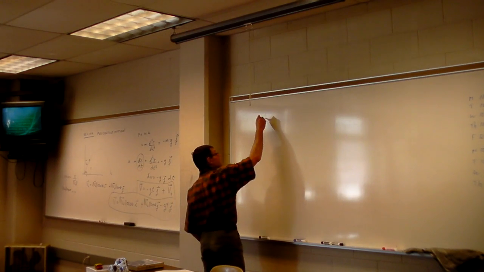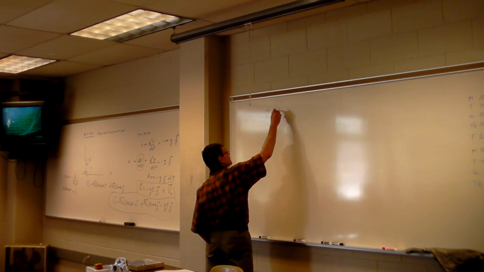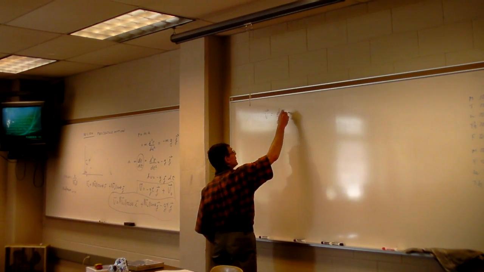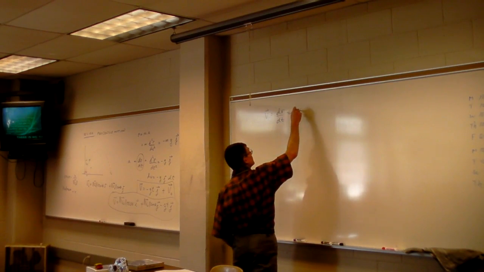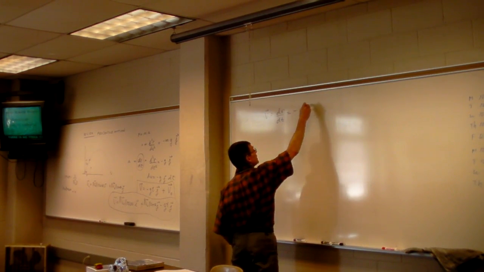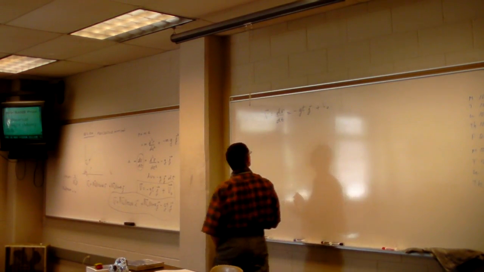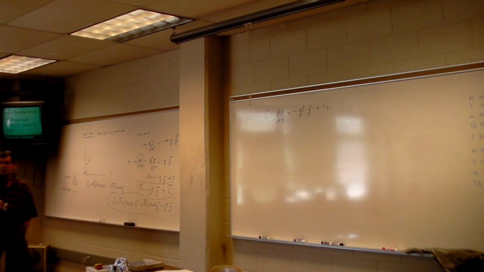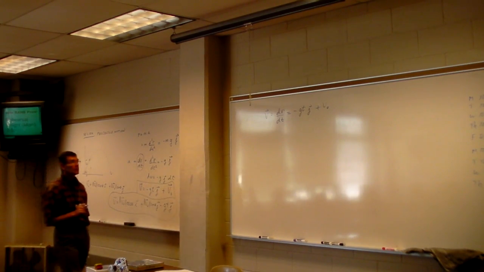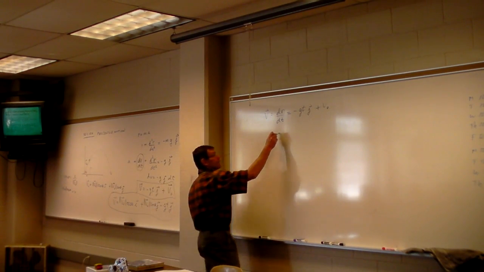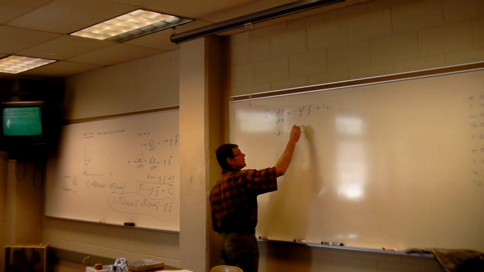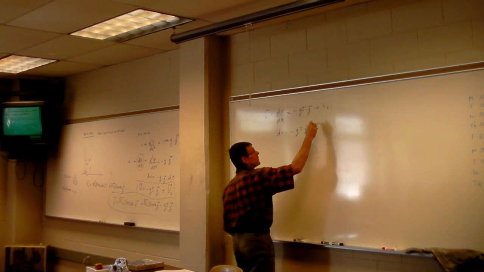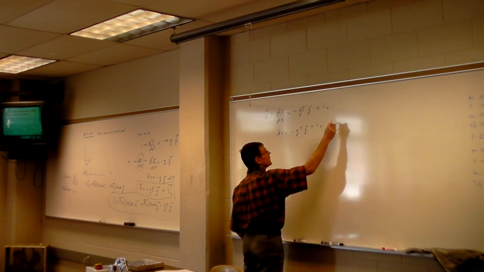So your velocity vector is the rate of change of its position vector, which is equal to minus g t j plus the initial velocity. So now we want to solve for r, its position vector. So what do we do? We integrate this, so dr equals minus g t j plus v sub naught dt.